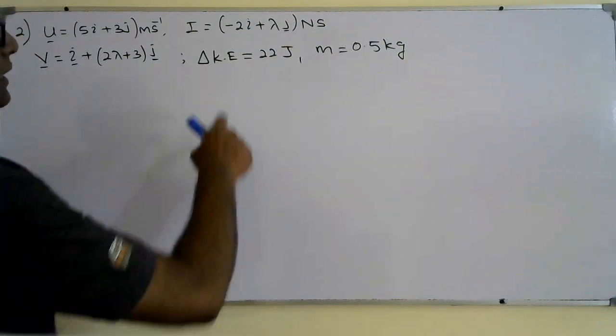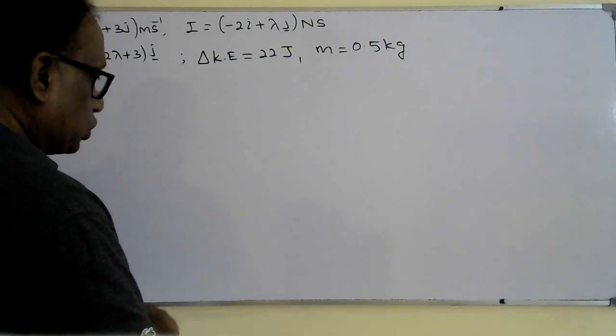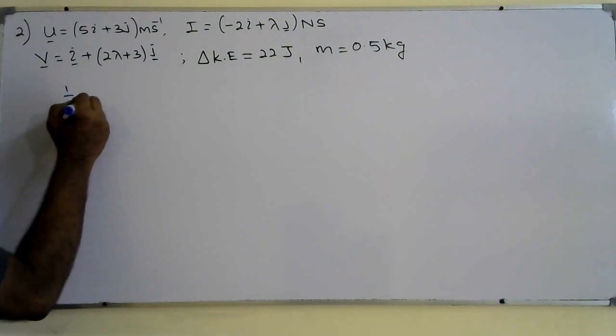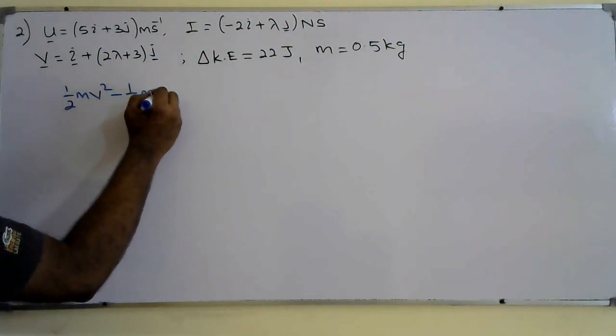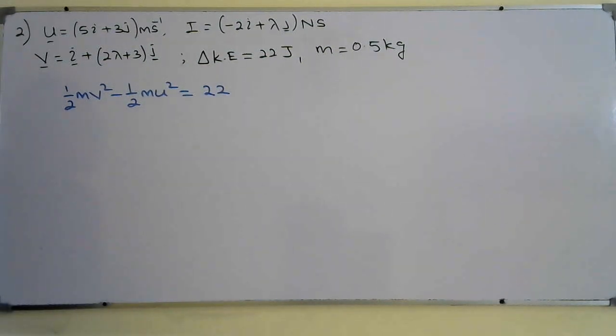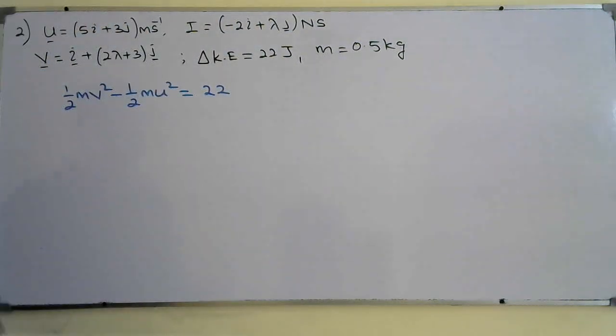Now we know the kinetic energy gained by the particle due to impulse is 22 joules, meaning final kinetic energy, half m v squared minus half m u squared, is equal to 22 joules.